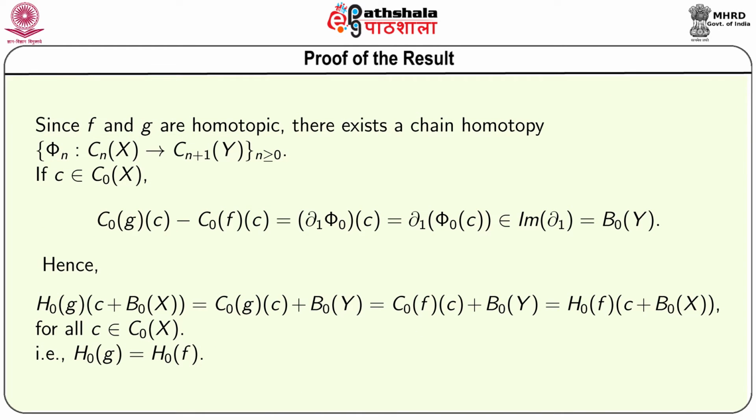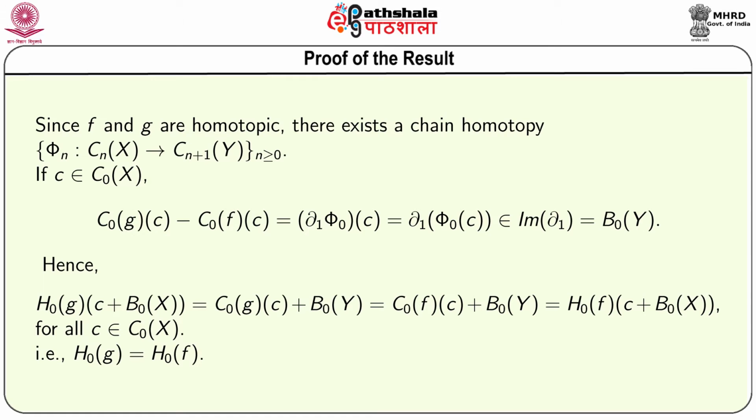To prove this result, let us start with two homotopic maps f and g. Then there exists a chain homotopy phi_n from C_n(X) to C_{n+1}(Y) for n greater than or equal to 0.